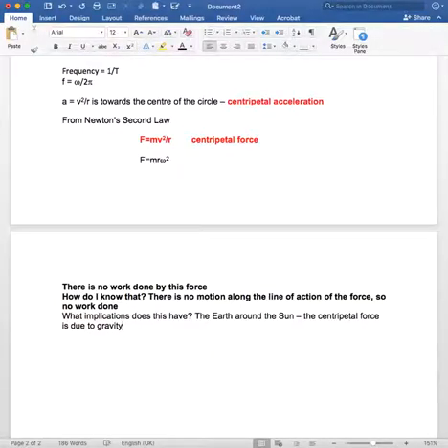Then there would be movement along the line of action, and the Earth would spiral into the Sun. So the fact that no work is being done is crucial, actually.